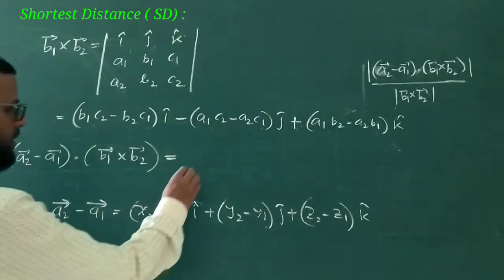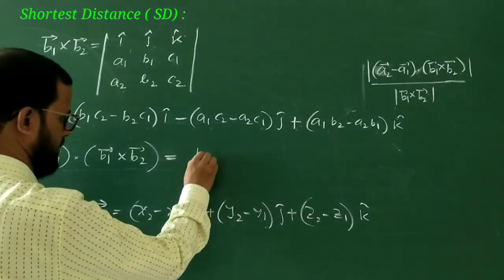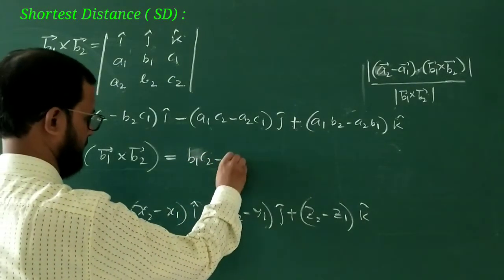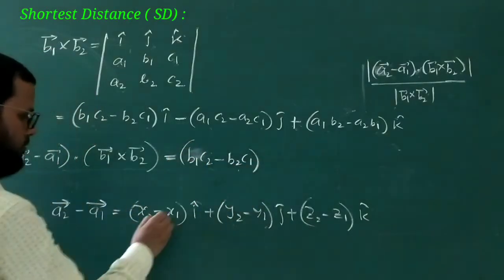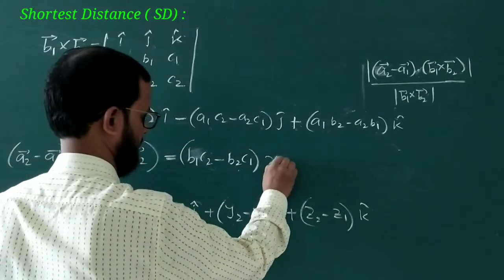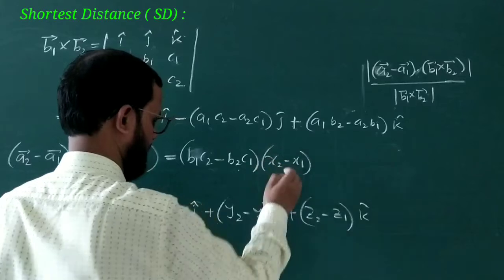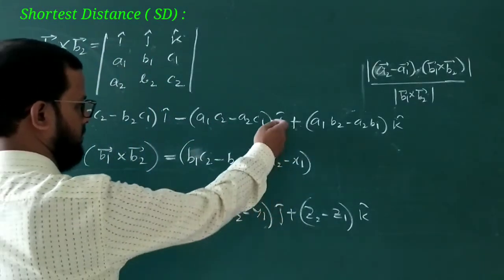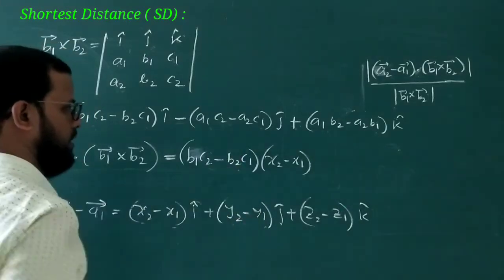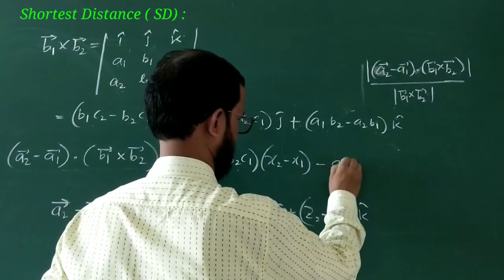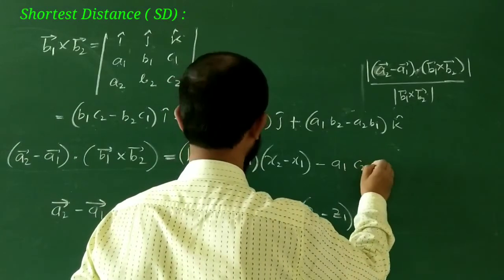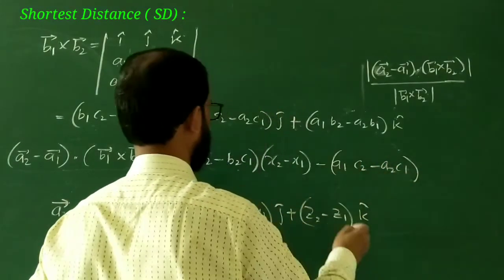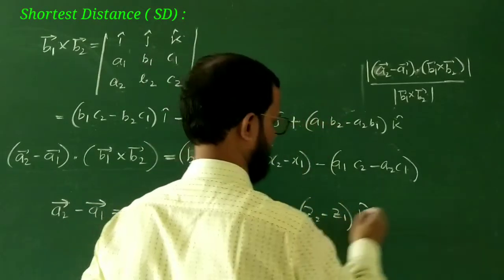So you get (b1 c2 minus b2 c1) into (x2 minus x1). Similarly, with j, minus (a1 c2 minus a2 c1) into (y2 minus y1).